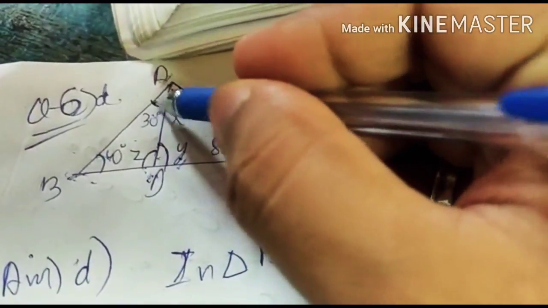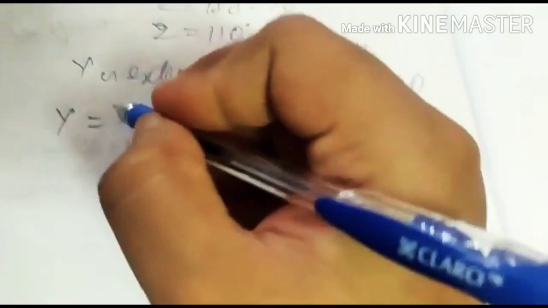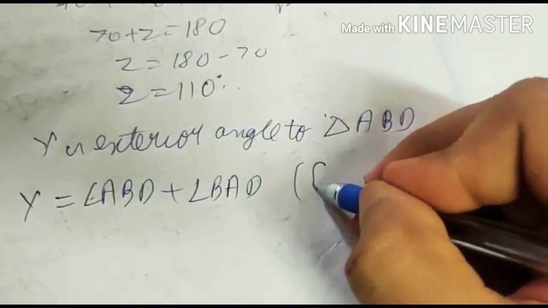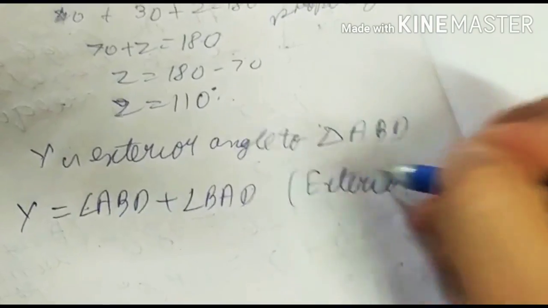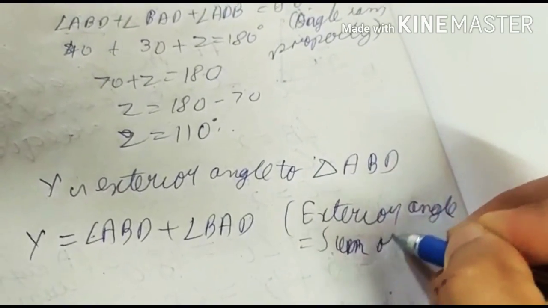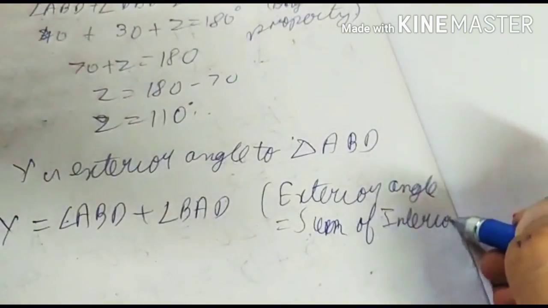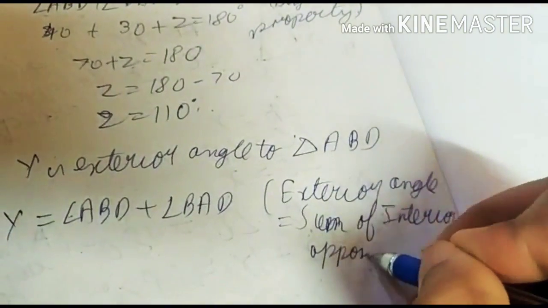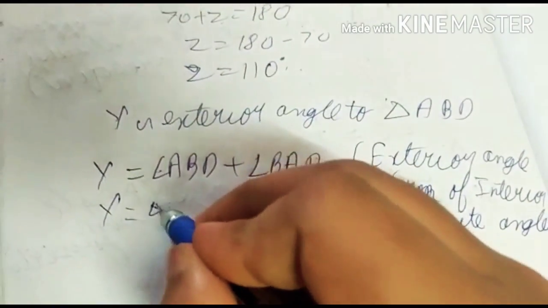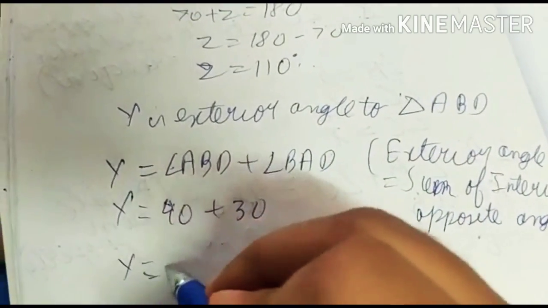So here y will be equal to 40 plus 30, y equals 70 degrees.